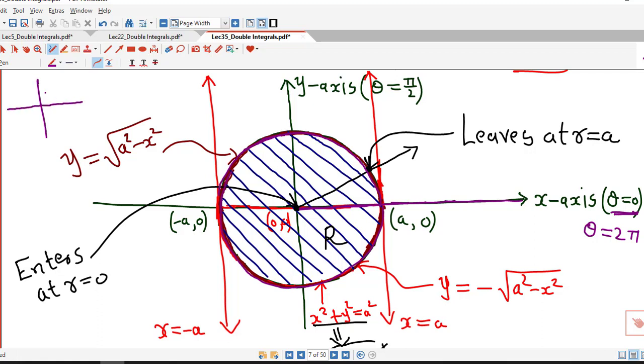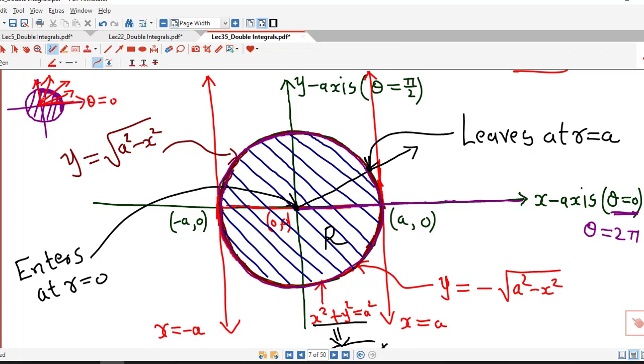Okay, we can understand it in this way also. Suppose we consider this circle x square plus y square equal to a square. This is our region of integration. So to decide the limits of theta, suppose we start from theta equal to 0. So this is the smallest value of theta. Then to cover the remaining region, we have to imagine this type of rays.